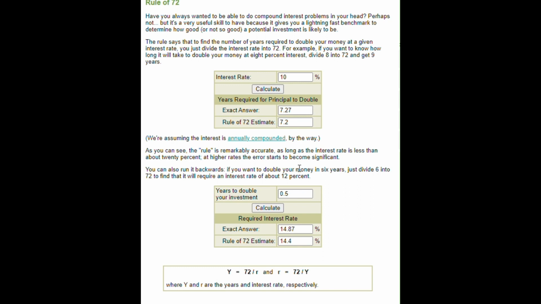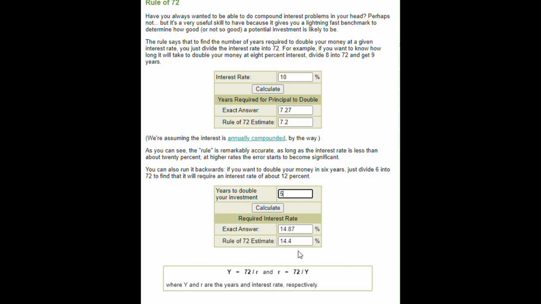Now on the flip side of that, you can kind of reverse engineer and just say, hey, I got a lump sum of money and I want to double my investment in the next 5 years, right? Well, we can do the same thing and reverse engineer that calculation and take 72 and divide it by the number of years that you ideally want to double your investment.